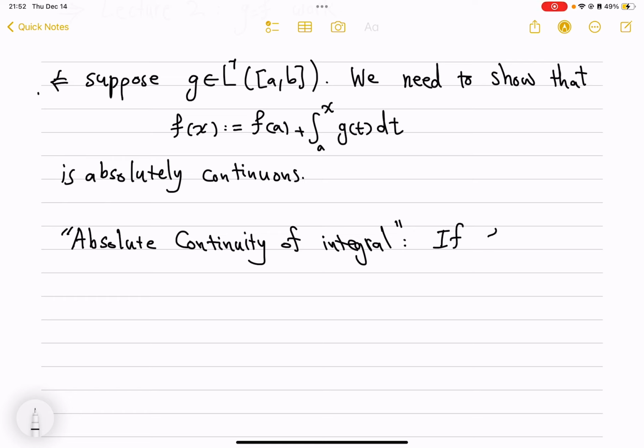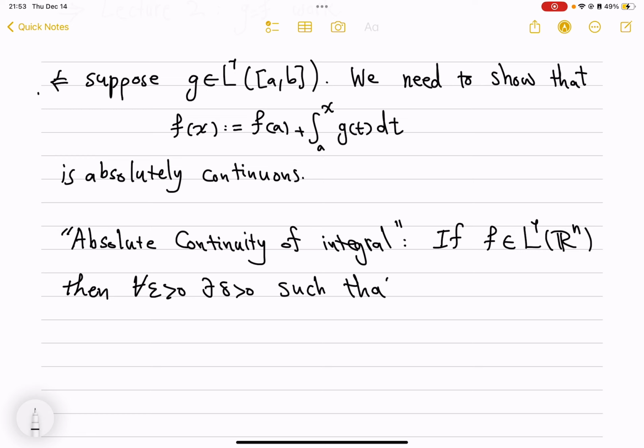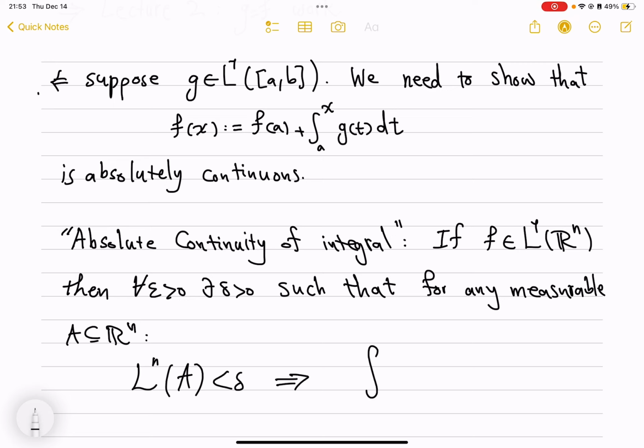If you have a function f in L1 of Rn for any n, then for every epsilon positive there exists a delta positive such that for any measurable subset A of Rn, if the Lebesgue measure of A is less than delta, then the integral of the absolute value of f over A against the Lebesgue measure will be less than epsilon.